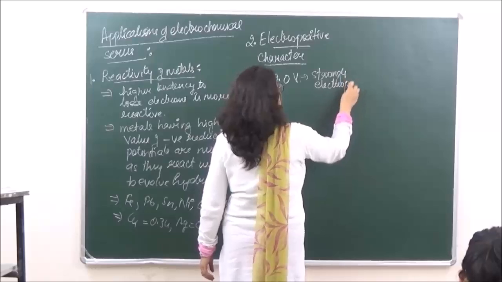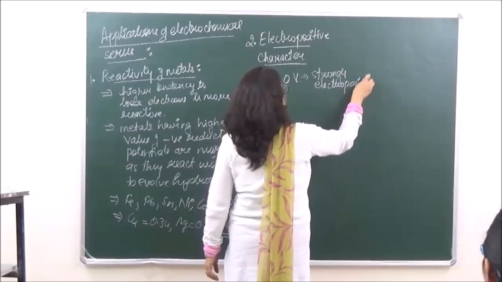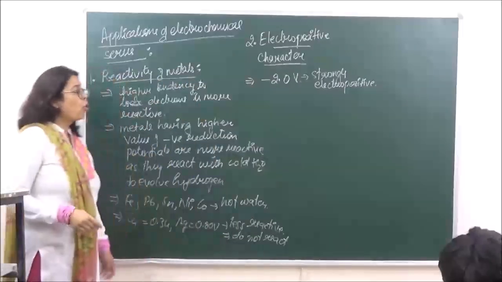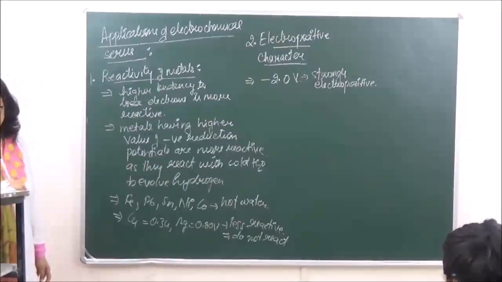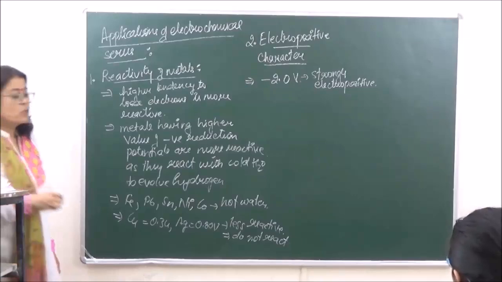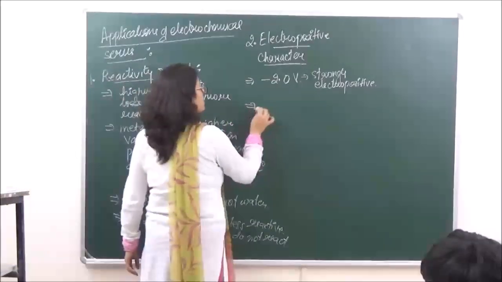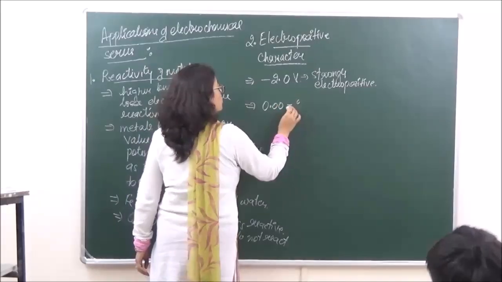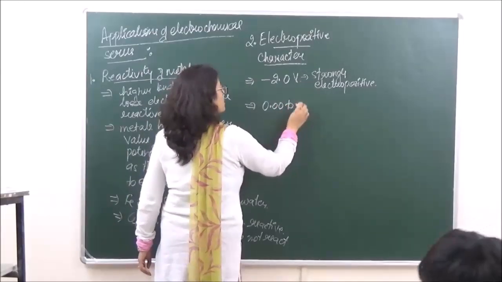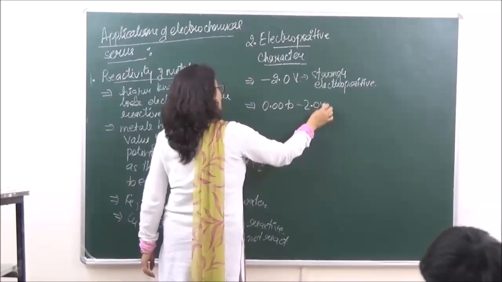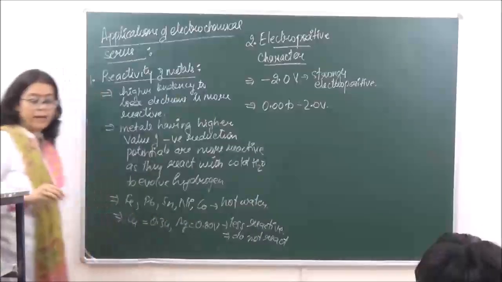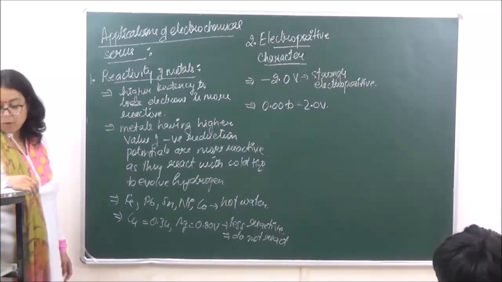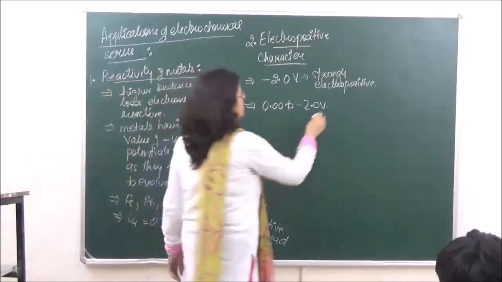They will readily remove their electron to go into electropositive state, right? So all those which have a value from 0.0 to minus 2.0 volt are moderately electropositive.